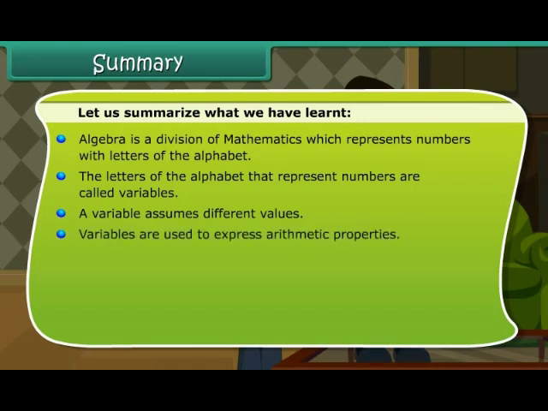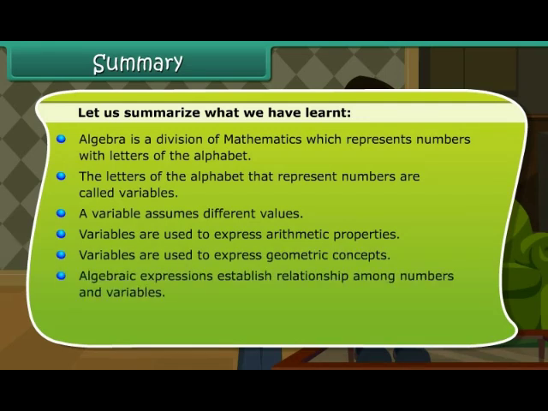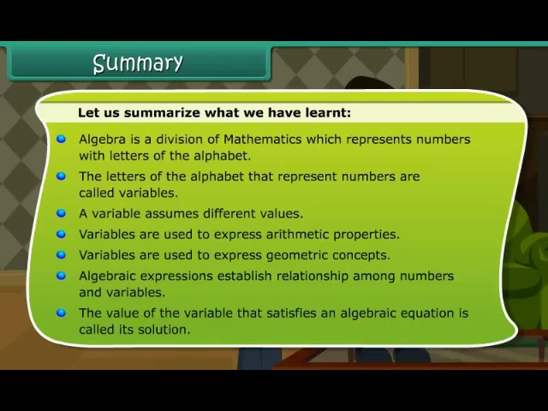Variables are used to express arithmetic properties. Variables are used to express geometric concepts. Algebraic expressions establish relationships among numbers and variables. The value of the variable that satisfies an algebraic equation is called its solution.